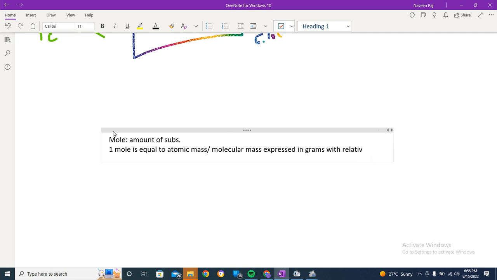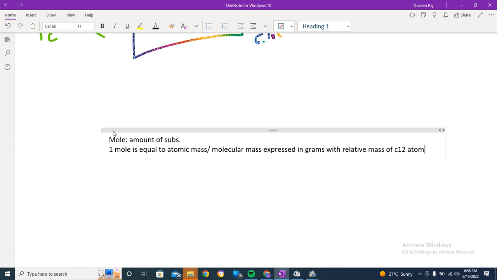We can say 1 mole is equal to the atomic mass expressed in grams, relative to the mass of the C12 atom, right?